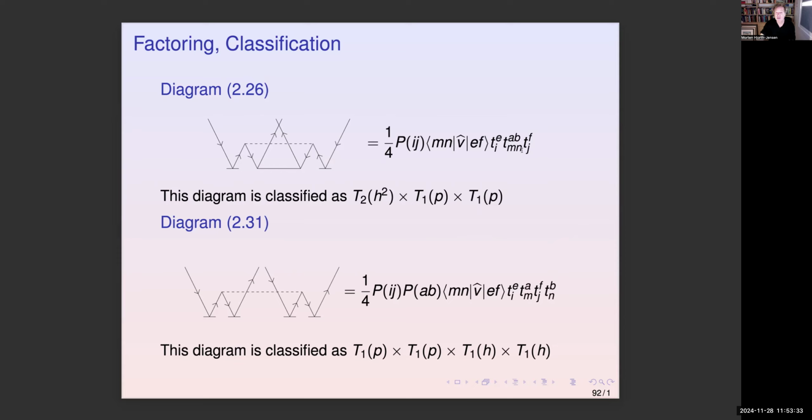So in this specific case, we would have a diagram where we have two hole states which we are summing over, and we will have a particle state and T1 and T1 here. Finally, if you look at this diagram here, we will then have four diagrams which now contain either a particle state which is summed over or a hole state which is summed over. So this one has a hole state which is summed over.